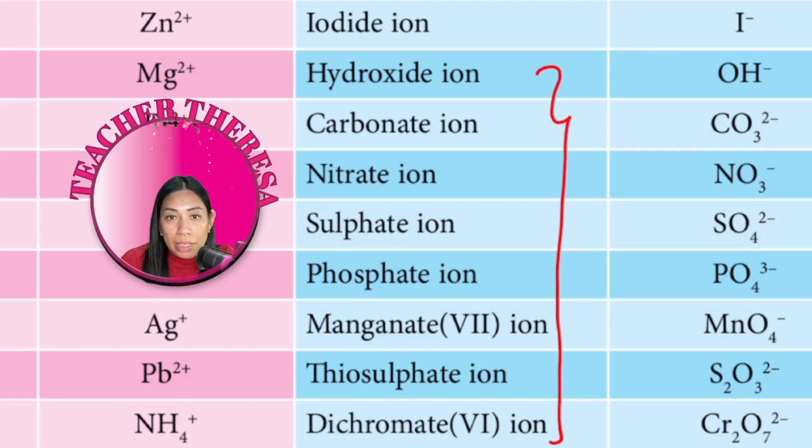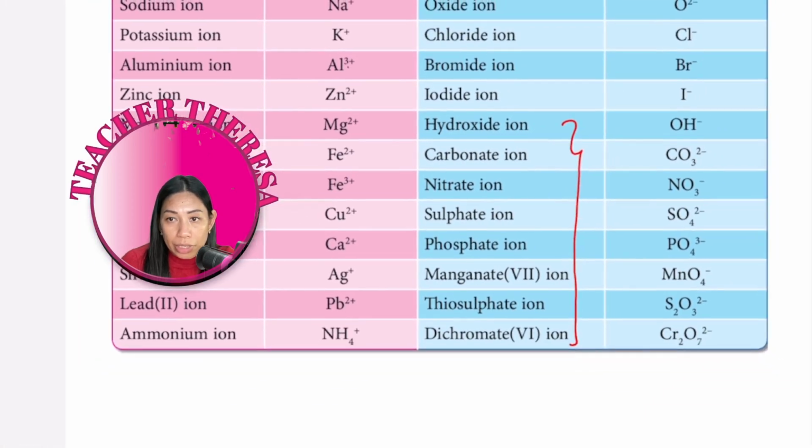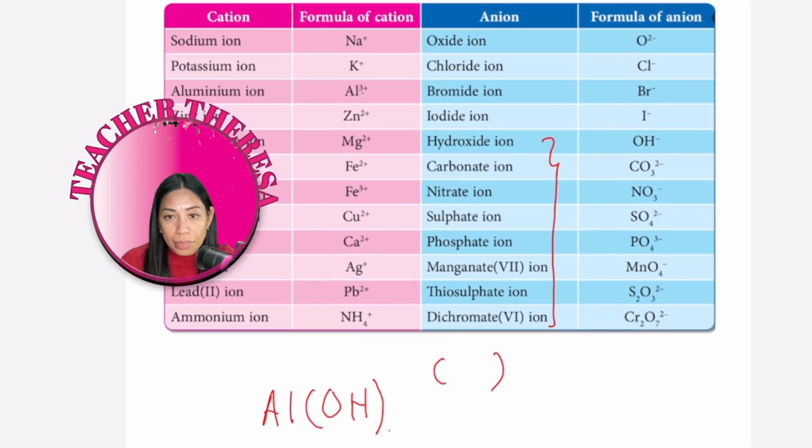What you must know is, when you write a formula using polyatomic ions, they must be in brackets. For example, if you write aluminium hydroxide, if the subscript number is more than 2, then you have to put them in brackets.